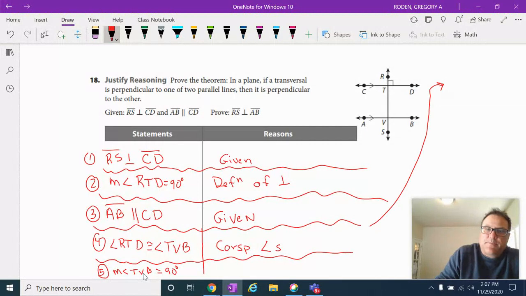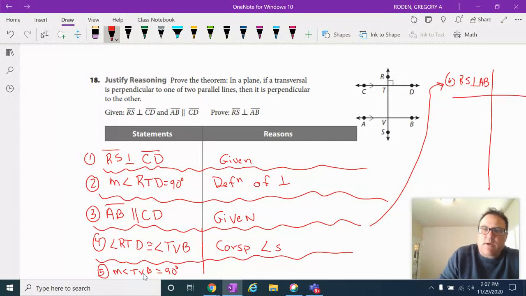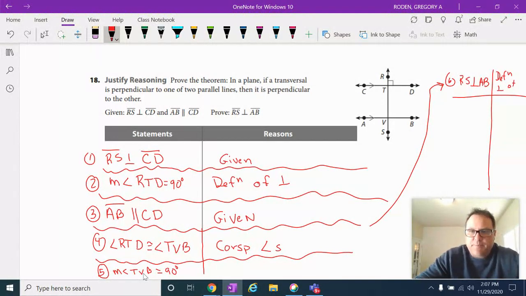Okay, so my last thing, step 6, is now I can say that RS is perpendicular to AB. Okay? And why can I say that? Well, it's the definition of perpendicular. If an angle is 90 degrees or a right angle at an intersecting point, they are perpendicular.